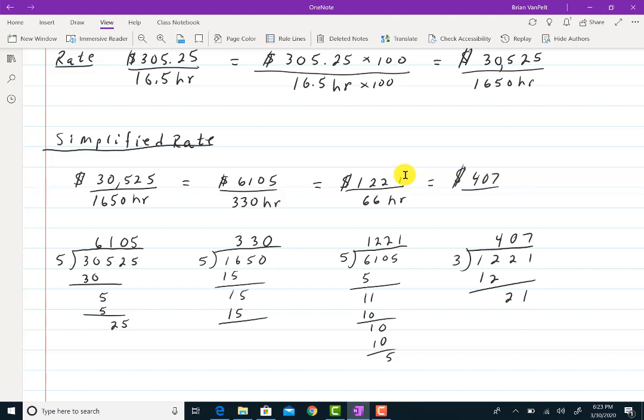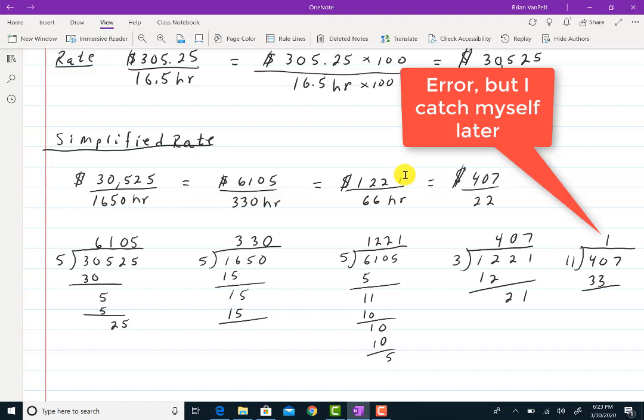In the denominator, 3 goes into 66 22 times. All right, now 2 does not go into 407. I don't know if 11 does or not, so let's try it. 11 goes into 41 three times, 33. And 40 minus 33 is, oh, look at this, it goes in. Okay, so 11 goes into 77 7 times.